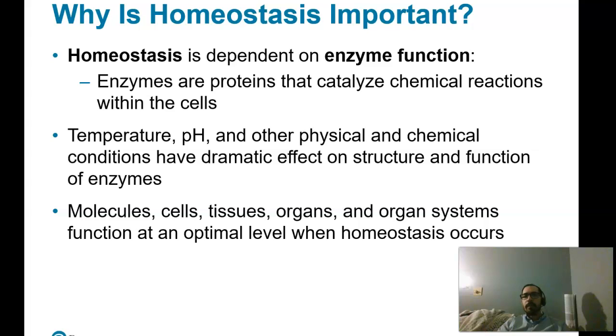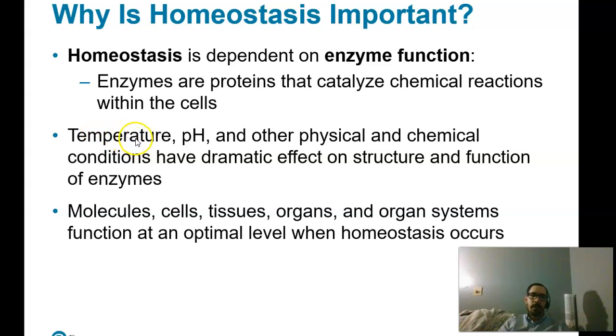So homeostasis is also dependent on enzyme function. Okay? And enzymes are proteins that catalyze chemical reactions within cells. So things like temperature, pH, and other physical or chemical conditions can affect the function of enzymes.